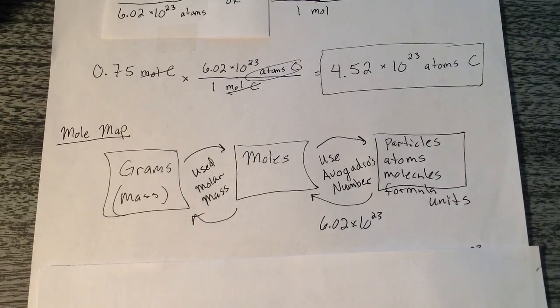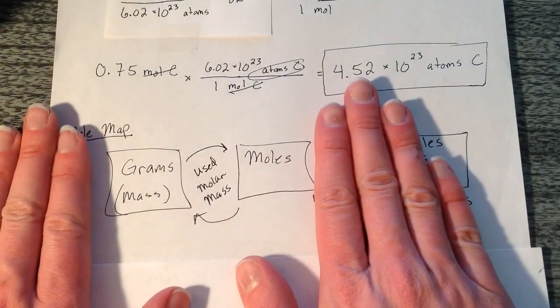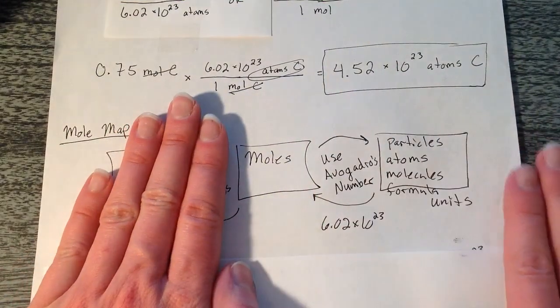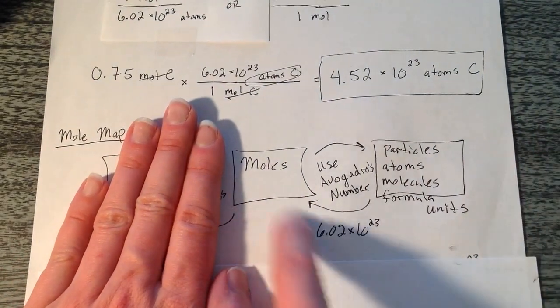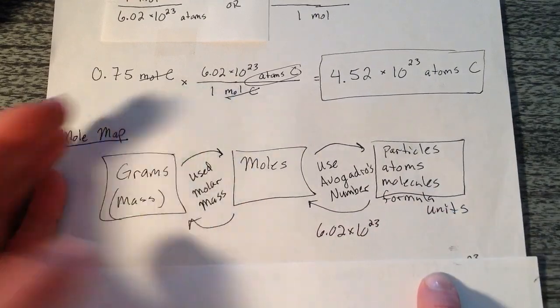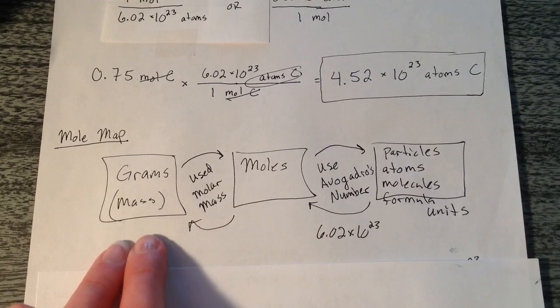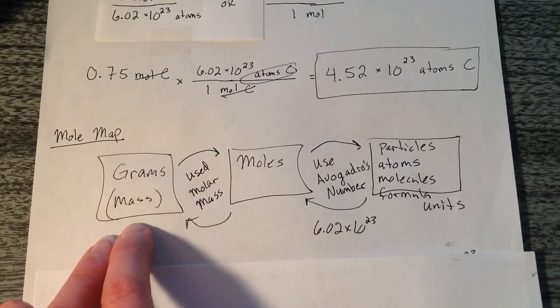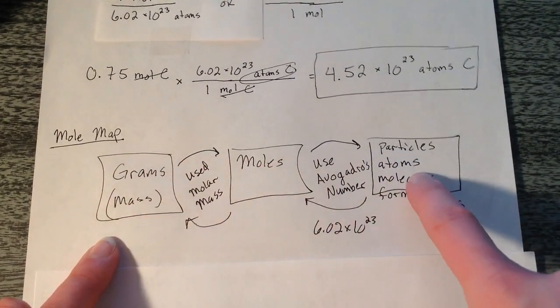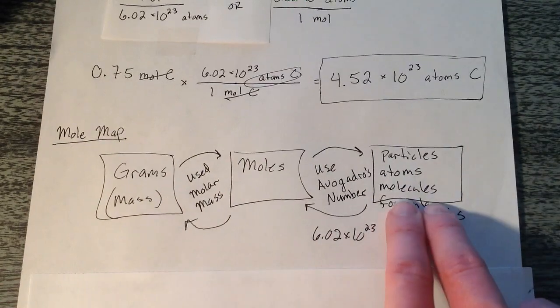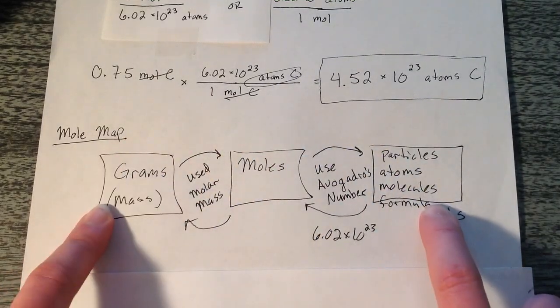So we started here in a previous video. In the examples we just saw, we did this process. If we put the two steps together, now we have a way to start in grams and determine how many atoms are in a sample. Or if I gave you a number of molecules, I could determine how much that sample would weigh in grams.